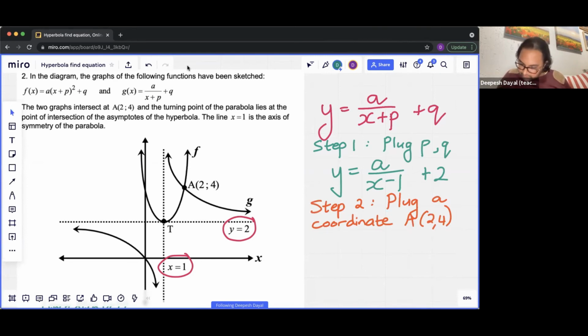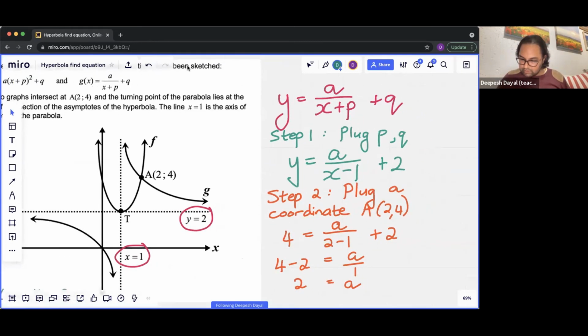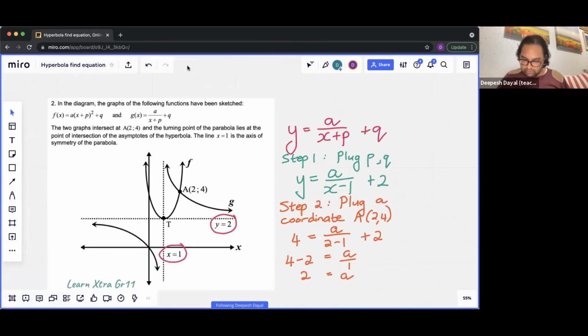I'm going to say 4 equals a over 2 minus 1, plus 2. And then it's going to be 4 minus 2 equals a over 1. So a equals 2. Does everybody have that? A equals 2. Now we can plug it back into our original equation and we're good to go.